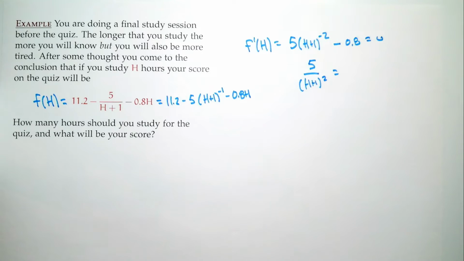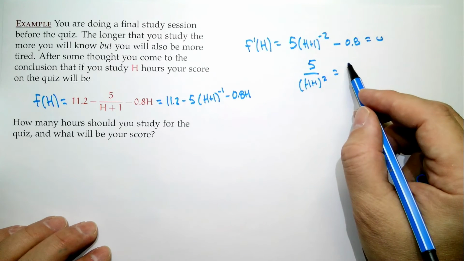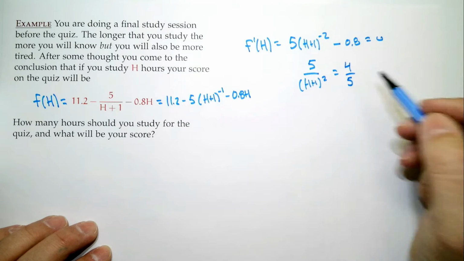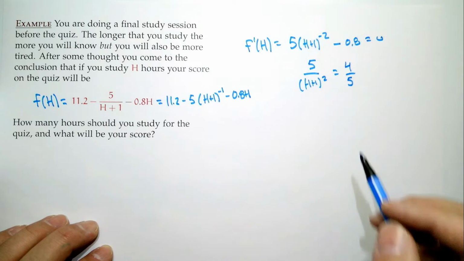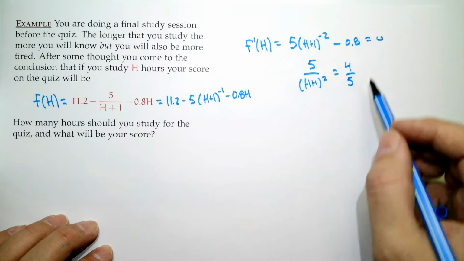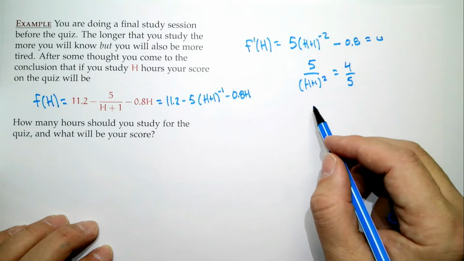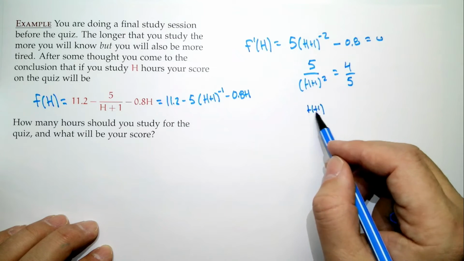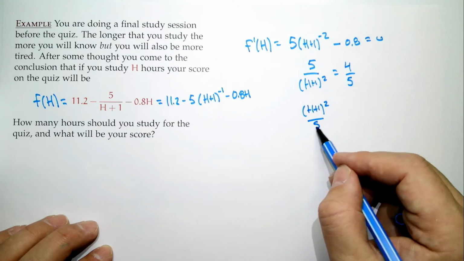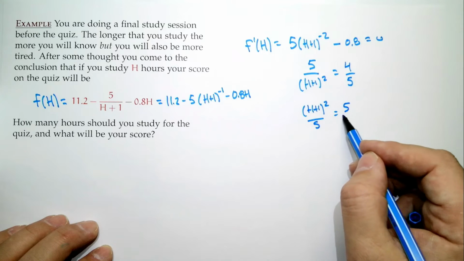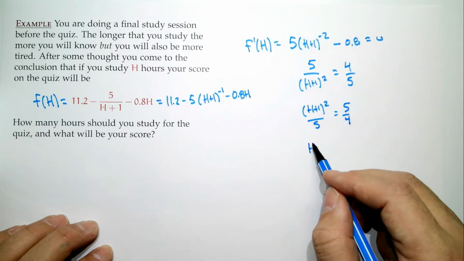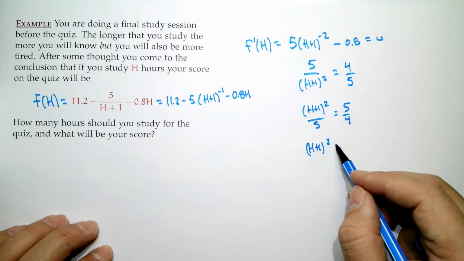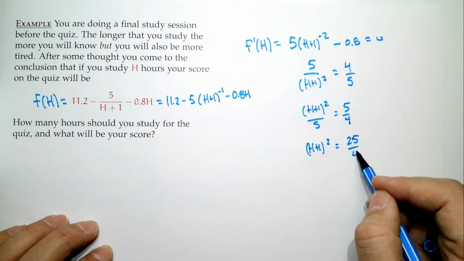And let's put that back into a fraction. Let's make that 4/5. So 0.8 is 4/5. If we rearrange, well, let's actually just flip both sides over. How about that? h plus 1 squared over 5 is equal to 5 over 4. h plus 1 squared is equal to 25 over 4.